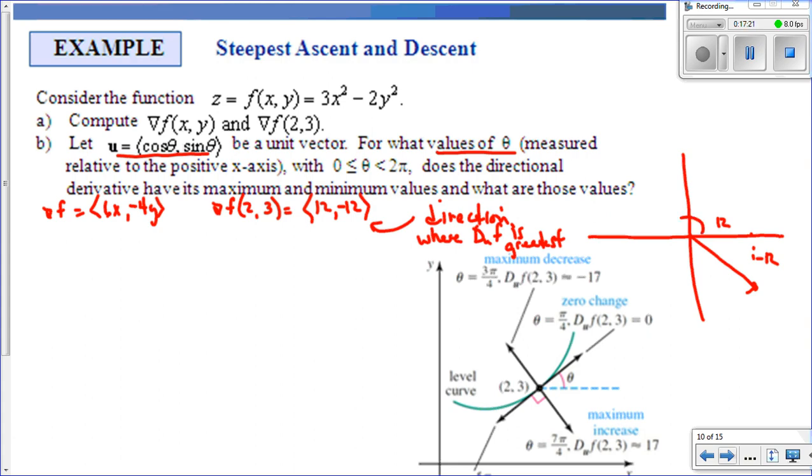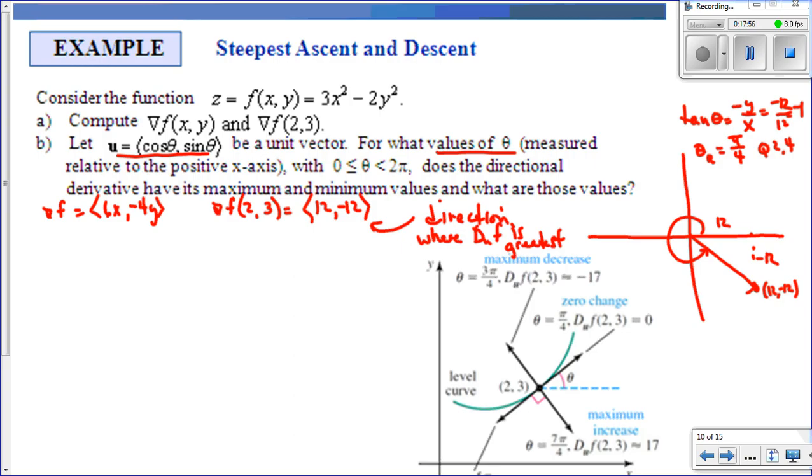Okay, so now if you want to find that angle made with the positive x-axis, you can do so by remembering that if you're given a point, you have this terminal point 12, negative 12, tangent of theta is y over x. So negative 12 over 12 or negative 1, and the reference angle is going to be pi over 4, but for tangent to be negative, we have to be in quadrant 2 or quadrant 4.